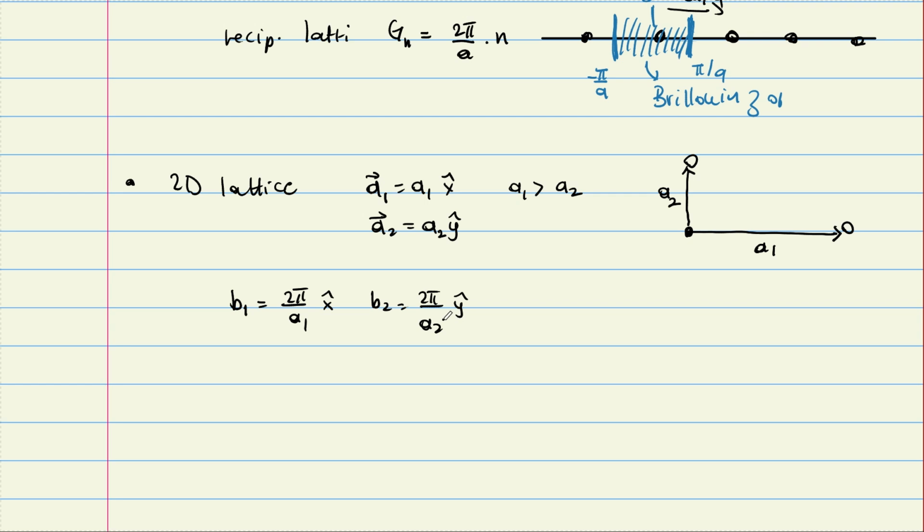And since a1 is bigger than a2, 1 over a1 is going to be smaller than 1 over a2, then the reciprocal lattice is going to be something like that. So this is 2 pi over a1, this is 2 pi over a2, so there's a site here, there's another, and similarly on that side.